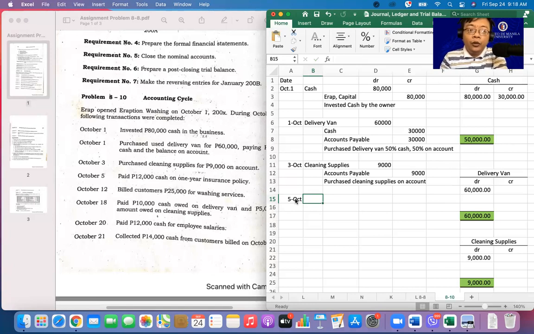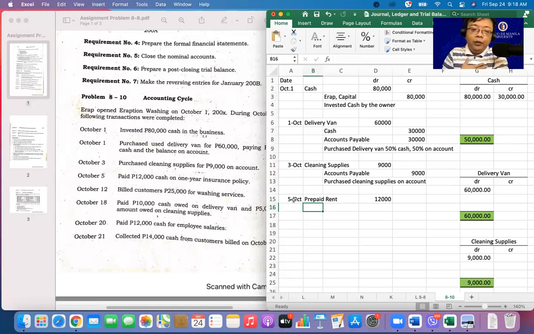You have your asset method and also your expense method. Sige. Gagawin natin is asset method, pinakamadali. So we debit here prepaid rent, and the prepaid rent here is of course worth 12,000. So we will use the easy one, which is the asset method.